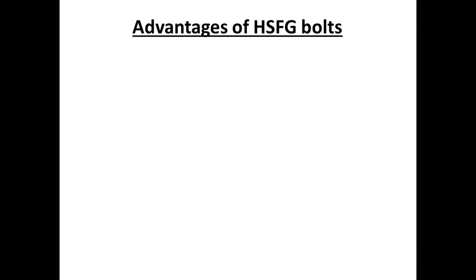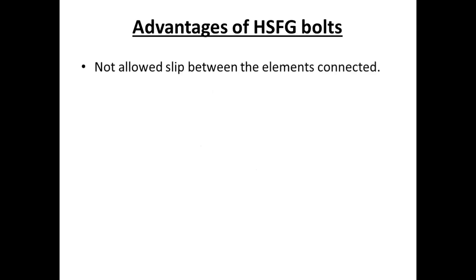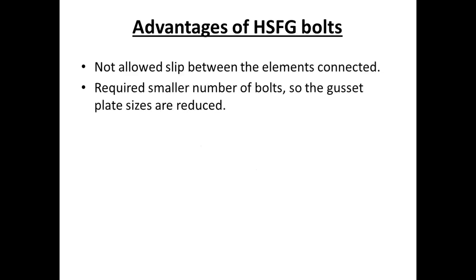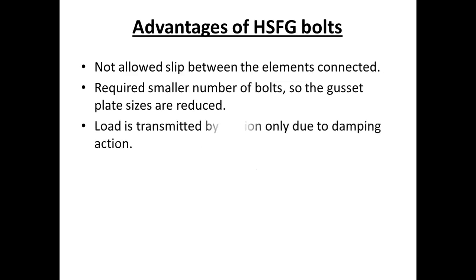What are the advantages of HSFG bolts, which are high strength friction grip bolts, right? It is not allowed to slip between the elements connected. It requires a smaller number of bolts, so the gusset plate size is reduced.